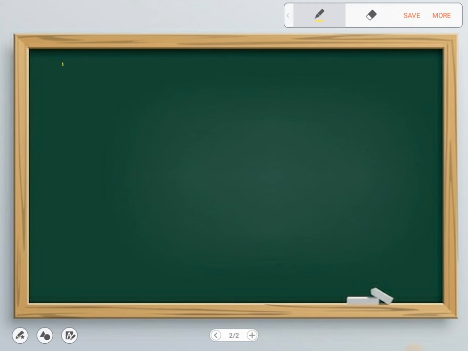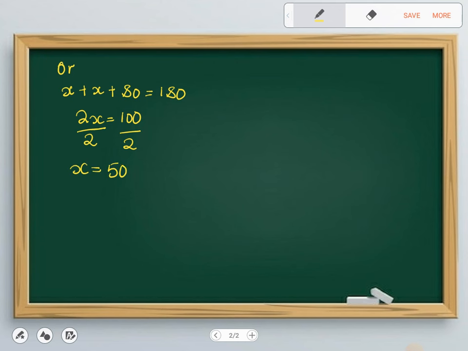So we can add x, x and 80, which is equal to 180. Then we subtract 80 from 180, which gives us 2x is equal to 100. When we divide by 2, we end up getting x is still equal to 50.